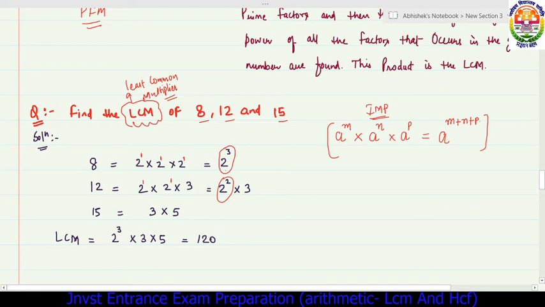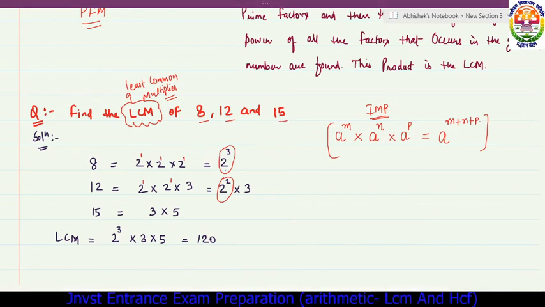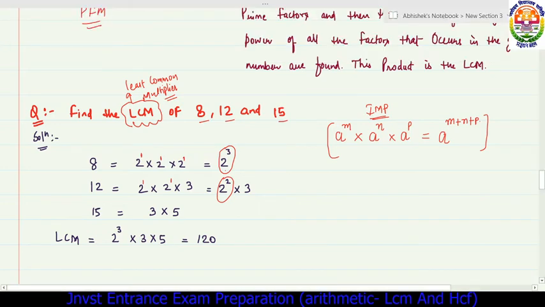Now how do we calculate it? We take combinations between the 3 numbers. 2 is a combination, again 2 is a combination, this 3 is a combination, and the remaining portion is written as this.